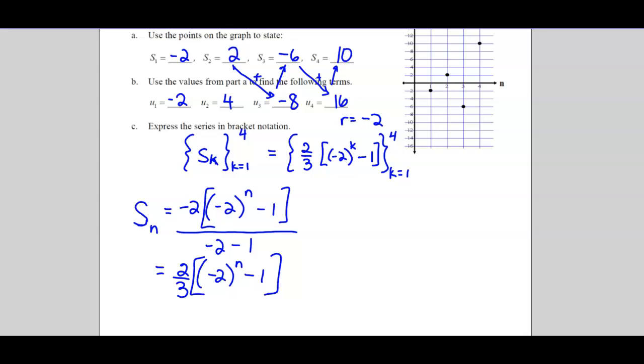Then try question 4. So you're given a series 32 plus 8 plus 2. Determine the fourth term, so they're basically the next two terms in that series.